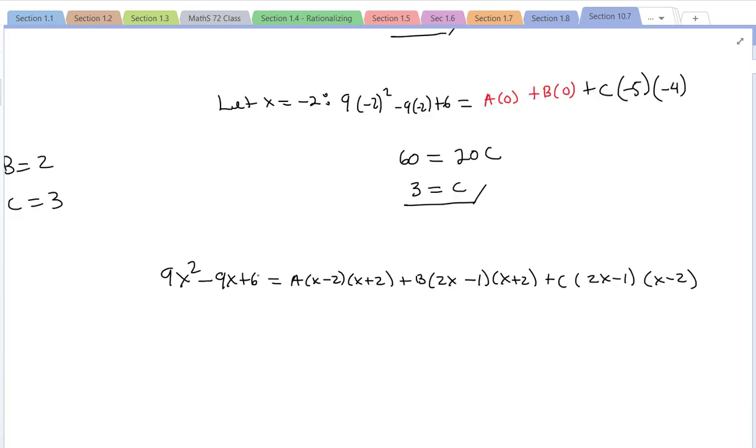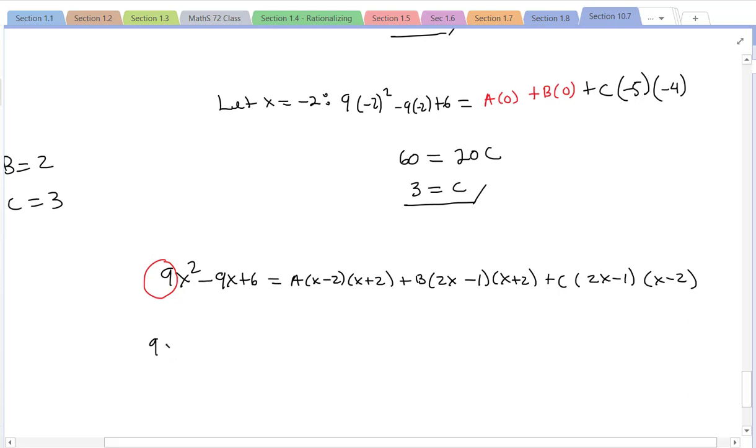Keeping in mind that we're looking for A, I'm going to equate coefficients for x squared. So I want to be able to say 9 equals something for the x squared term.